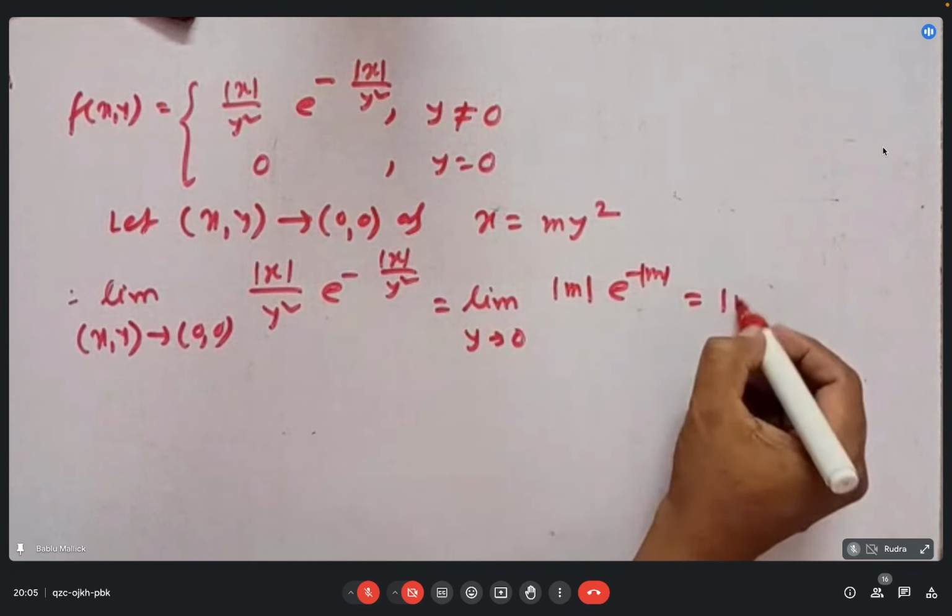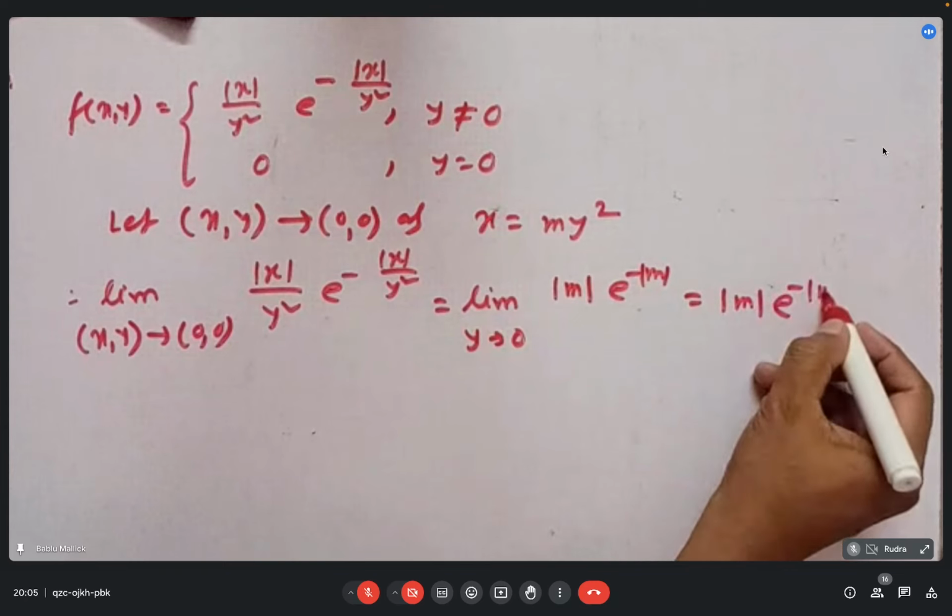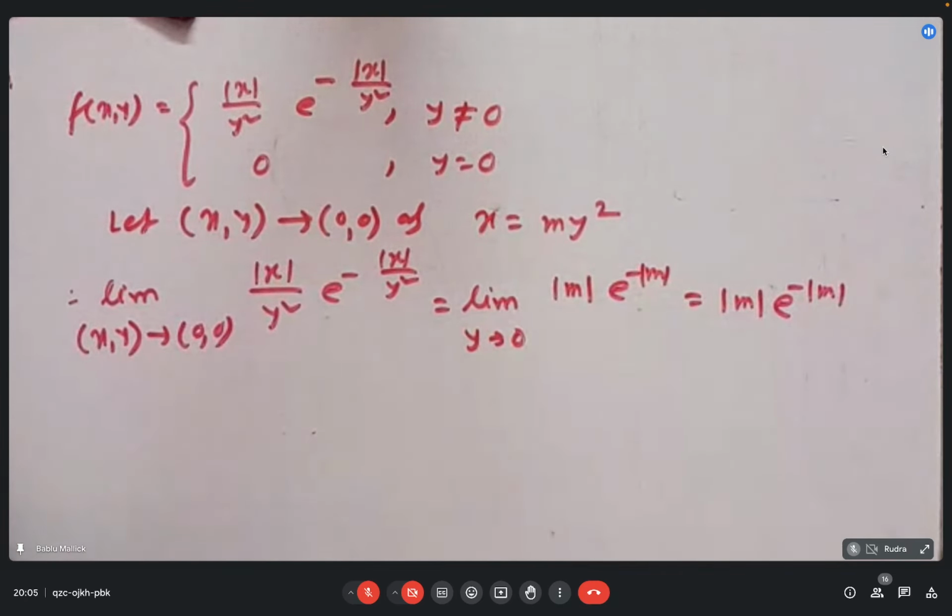So finally it is modulus m e to the power minus modulus m, which is different for different values of m. Therefore the limit does not exist.